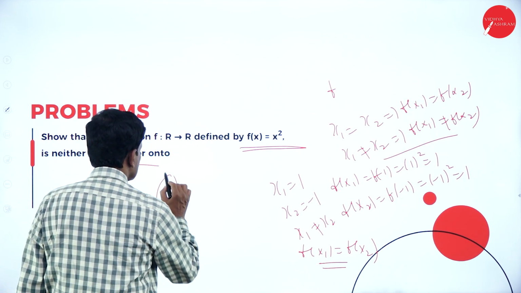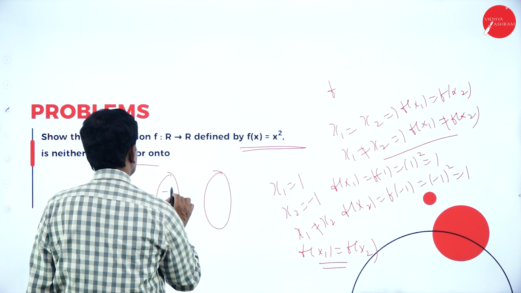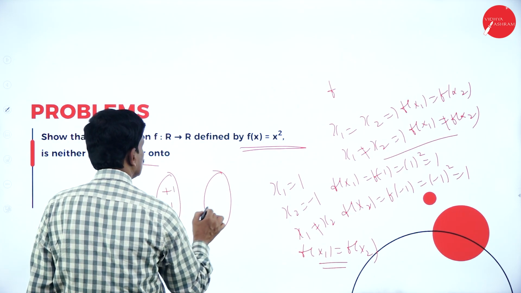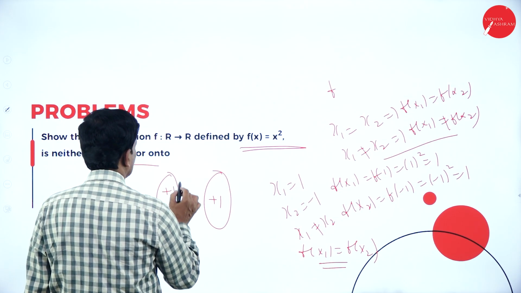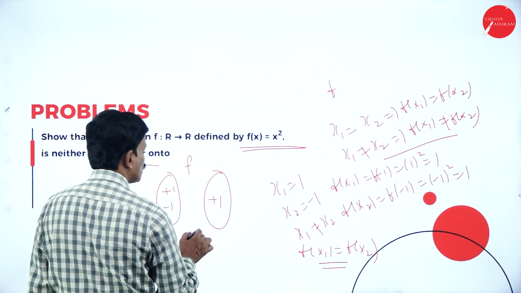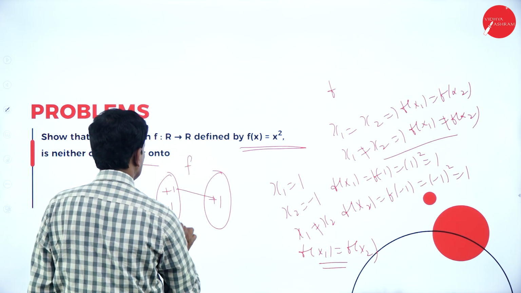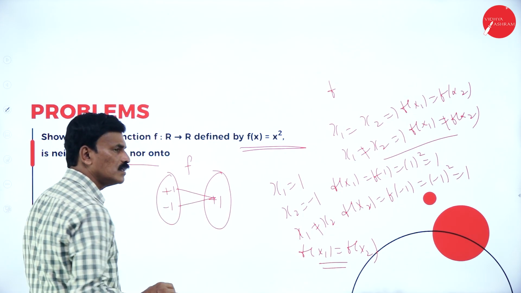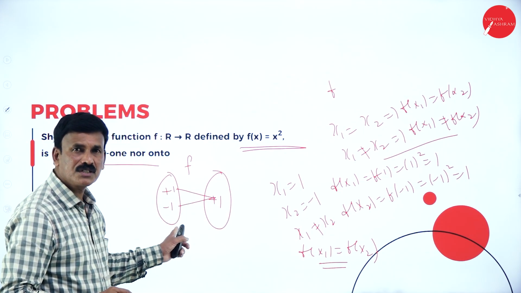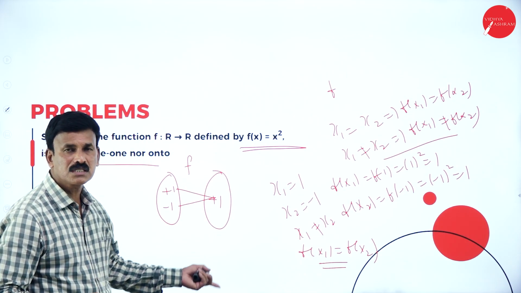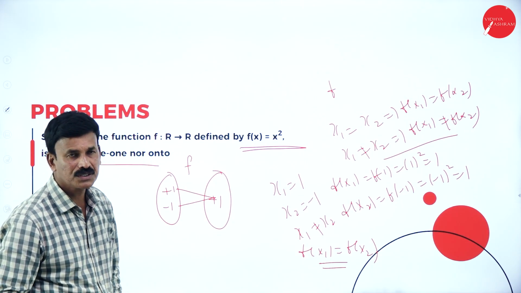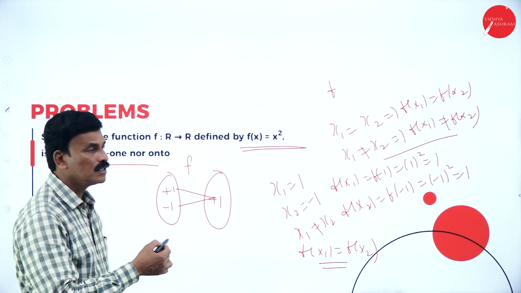See, here this is plus 1 and minus 1, and f of 1 is plus 1, f of minus 1 is also plus 1. So, since x1 is not equal to x2, but f of x1 is equal to f of x2, therefore, this is not a one-one function. Now, let me explain here.